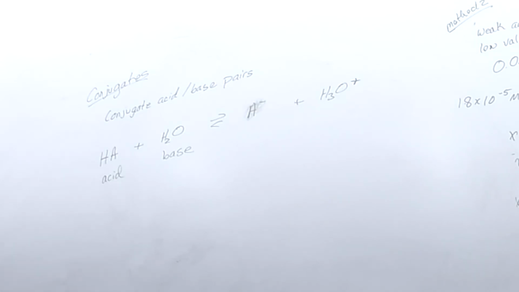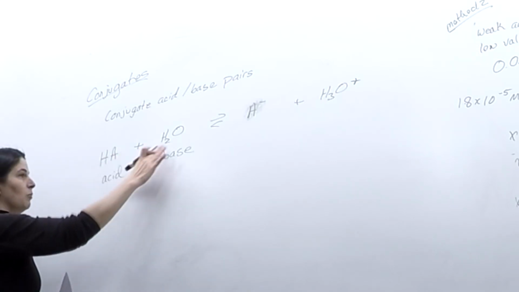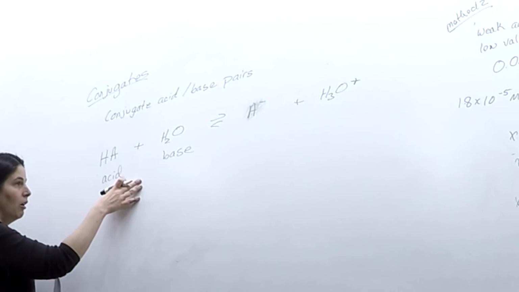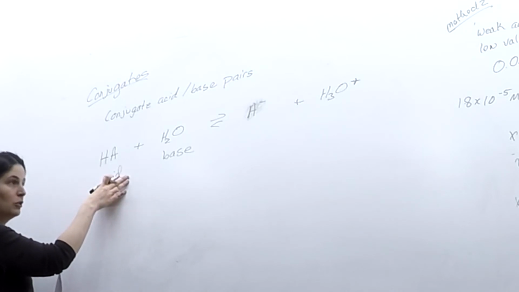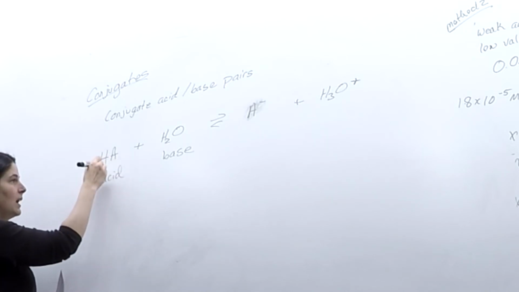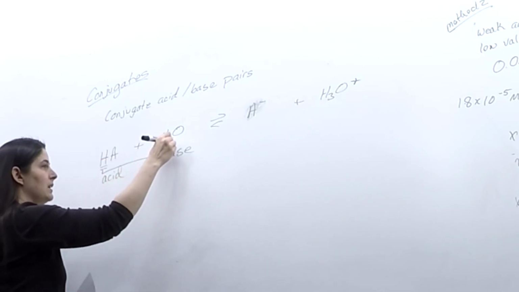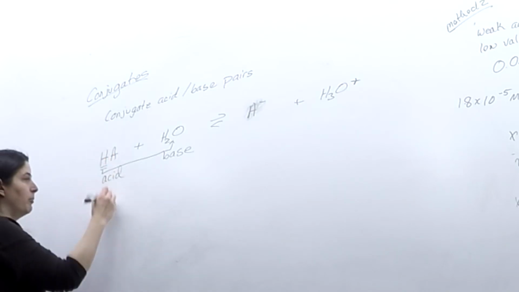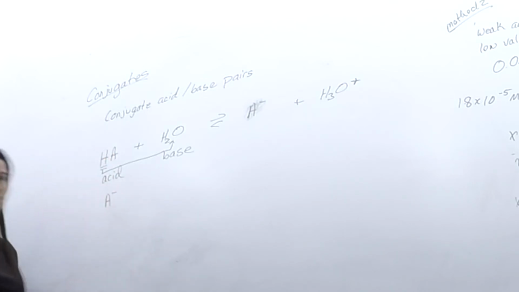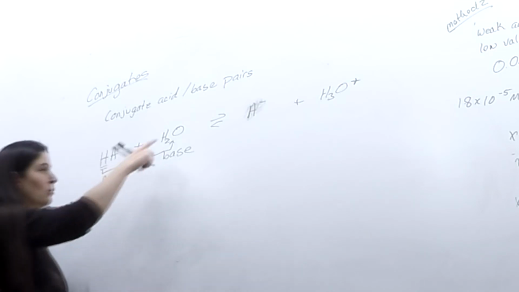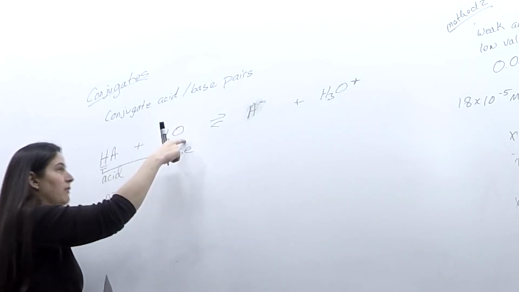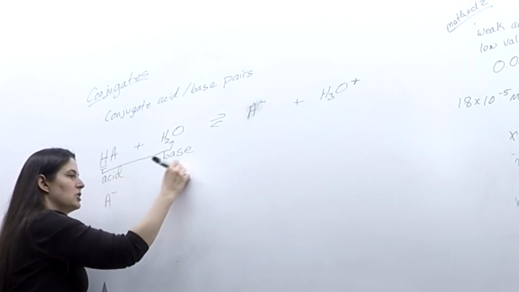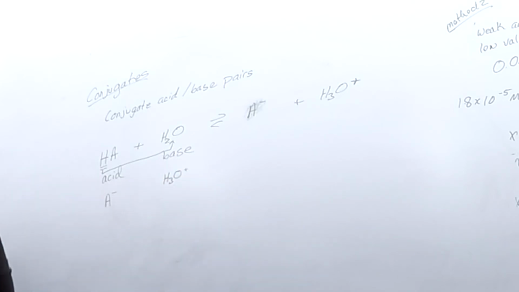So that's our generic equation there for dissociation of an acid in water, but we're going to use our Bronsted-Lowry definitions where an acid is a hydrogen donor, because in that case the hydrogen went to the water and created the hydronium ion. What was left of the acid when the hydrogen went away was that anion, that A. What's left of the water, it takes that hydrogen and absorbs it and creates the hydronium ion.